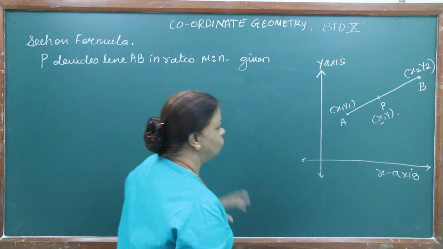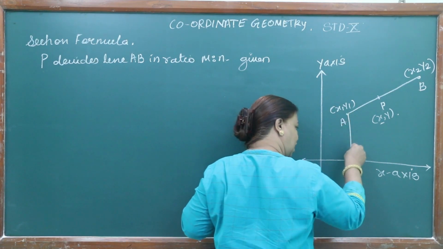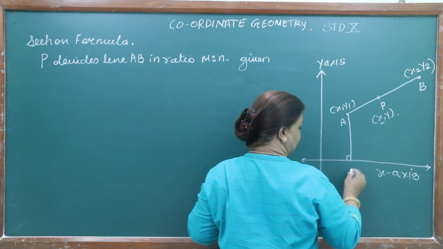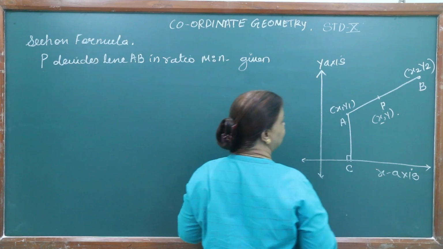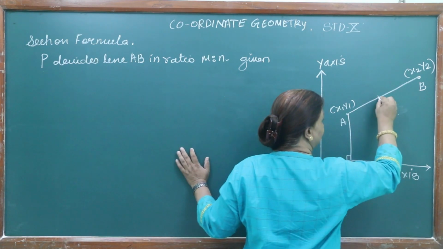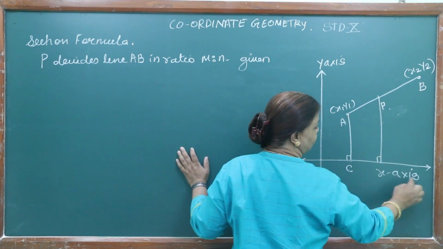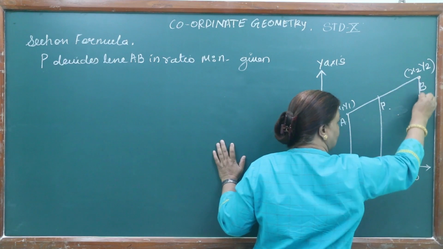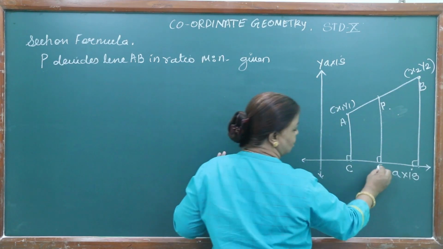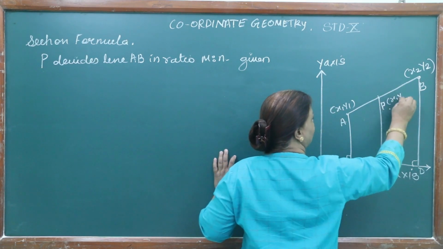How to get the value of x and y, we will do by this formula. For this, let me draw a line from A perpendicular to the x-axis, and that line is AC. One more line from P, perpendicular to the x-axis, and a line from B perpendicular to the x-axis. This is Q and this is D. This point is x comma y.